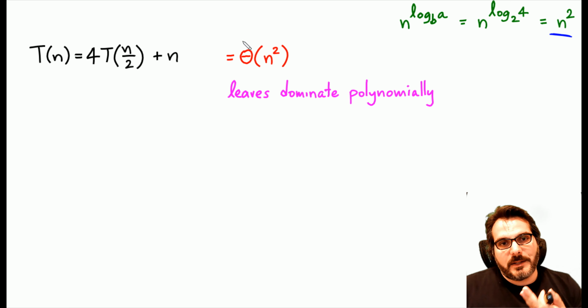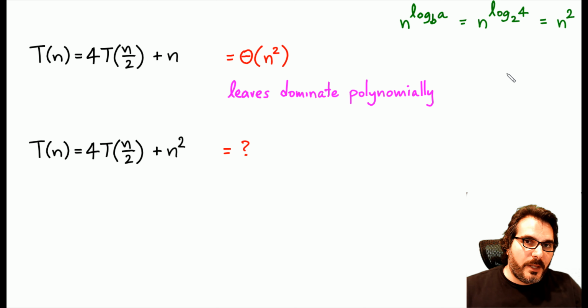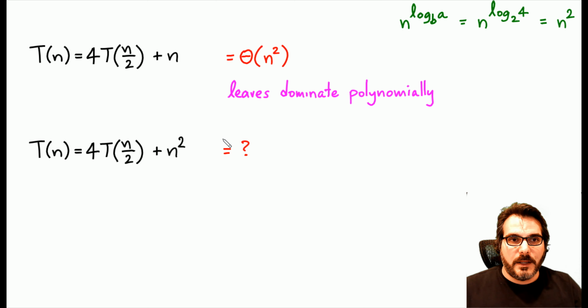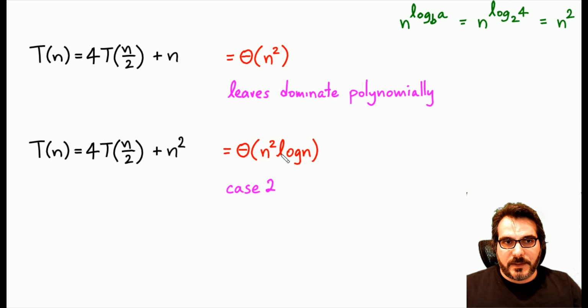But this is very simple, it just gives you the answer right away, just comparing the levels. So for this one, now, as you see, we have n squared leaf levels, and this is also n squared. So the levels are roughly the same, which means f of n is multiplied by log n.